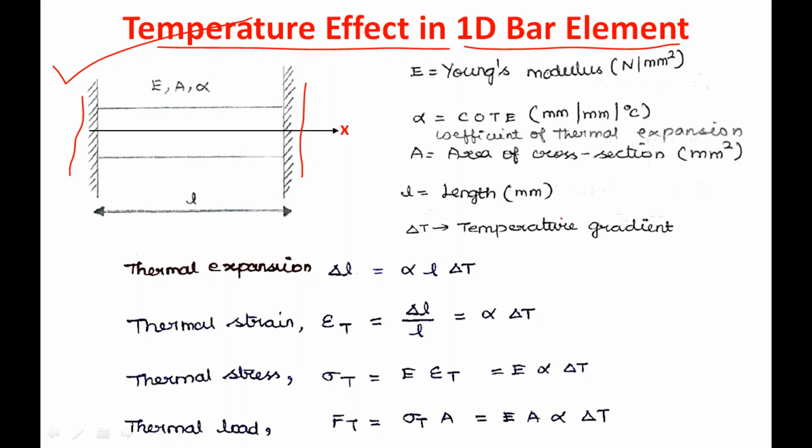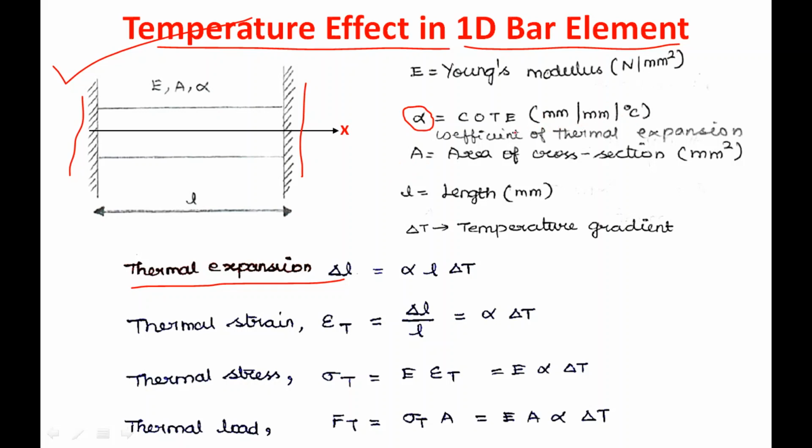How to quantify that thermal stress? For that we discussed in the earlier part of the video. Just we will recollect this one. How to denote the thermal expansion of the material due to the temperature change? For that we are using the important property called coefficient of thermal expansion alpha, which has unit as mm per mm degree Celsius.